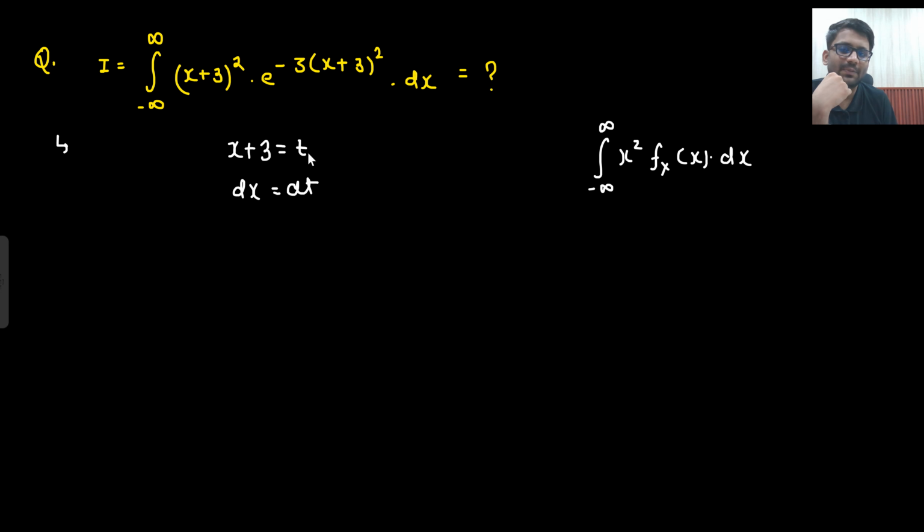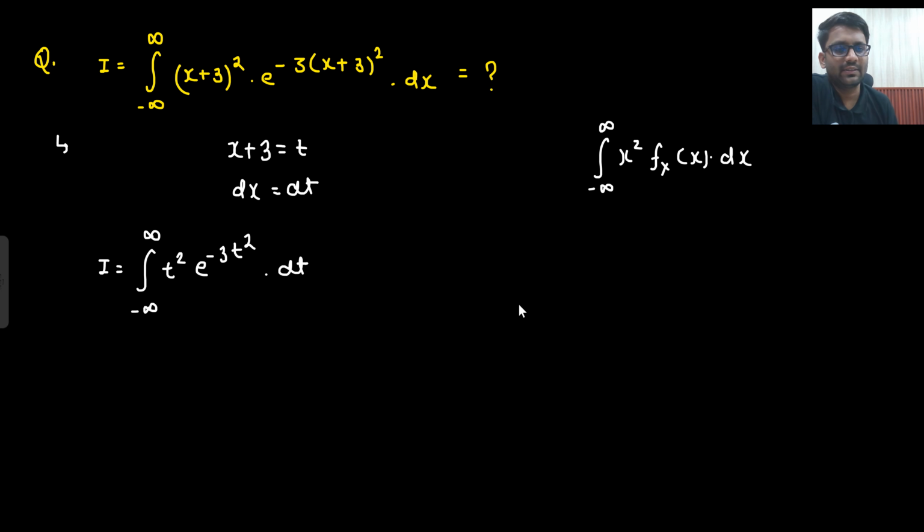So that's why I am doing x plus 3 equals t. So dx will be equal to dt, and the limit will go from minus infinity to infinity only. Because if x is minus infinity, then t is also minus infinity. If x is plus infinity, then t is also plus infinity. From minus infinity to infinity, t square e to the power minus 3t square dt.